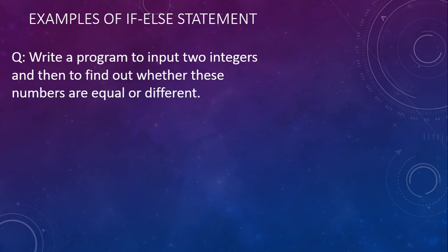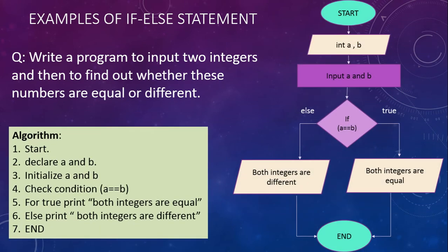First of all, have a look at the algorithm and the flowchart. Again, declaration and initialization of two variables a and b. Condition: if they are equal, then the statement both integers are equal will be printed on the screen. In the else case, both integers are different will be printed on the screen.